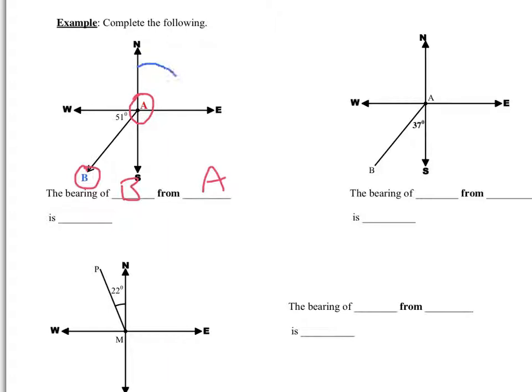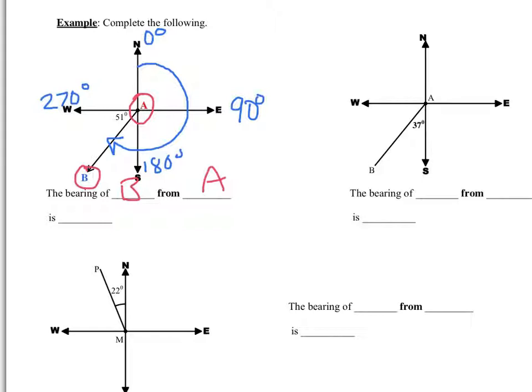So from north, clockwise direction, that's the angle we've got to work out. Now, remember that's 0 degrees there, 90 there, 180 up to south, and 270 degrees up to west.